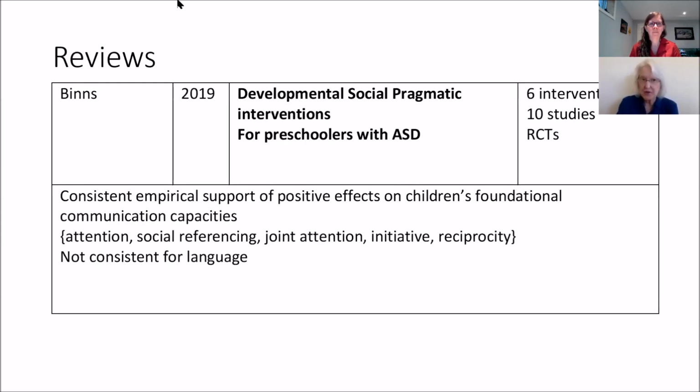And now it's important to look at some of the reviews. These are where a lot of policy decisions are made, by looking at the reviews and what the reviews say when they put all of this different information together. Amanda Binns wrote a review in 2019 and was talking about developmental social pragmatic interventions.